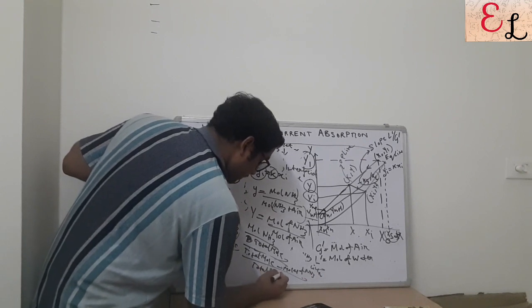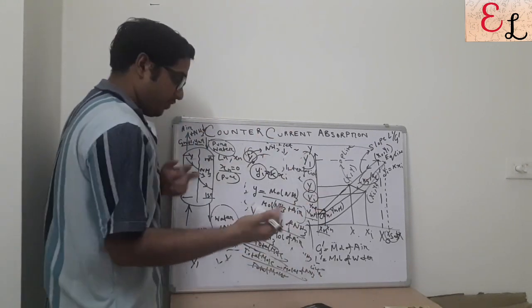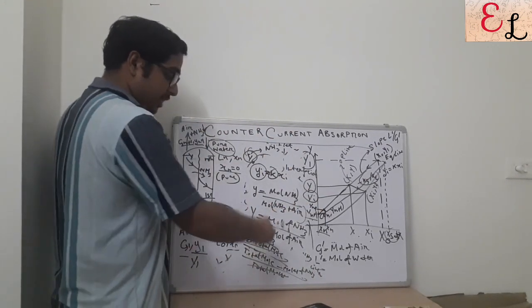So total moles cancel. Total moles minus moles of NH3 is moles of air. So capital Y is moles of NH3 by moles of air.